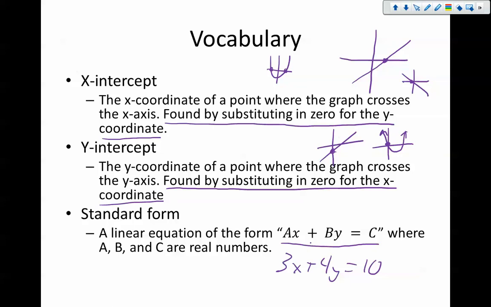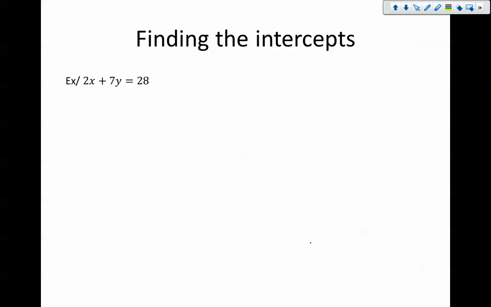All right, so let's put some of this to use here. We're going to find the x and y intercepts for this particular equation. Now, I want to draw attention to the fact here that if we had a line, and it might be a different line. This is not this line over here. But if we had a line, we're looking for this point. Well, this point is going to be 0, something, right? 0, y.